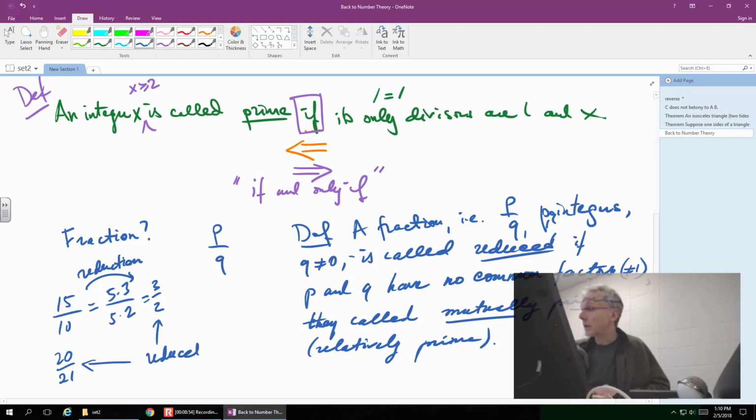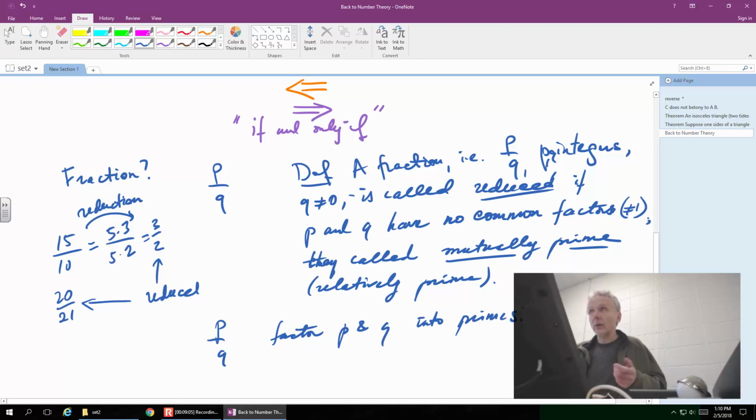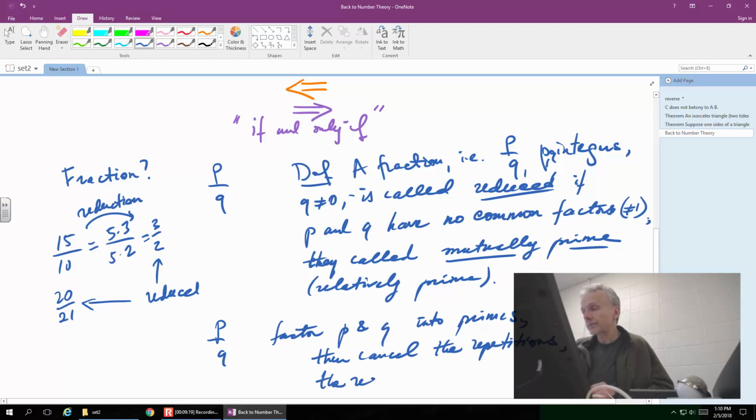If you are given p and q, factor p and q into primes to begin with, and then cancel the repetitions, right? And the result is a reduced fraction.